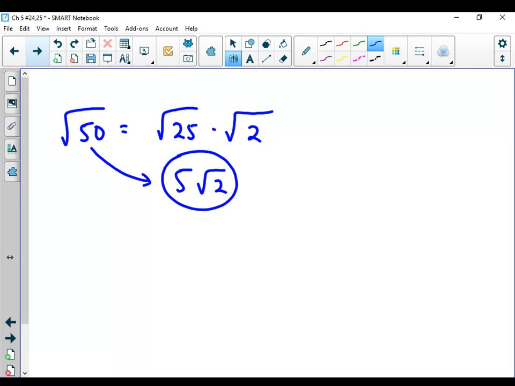That's why we're choosing those perfect squares. The biggest square is 9.